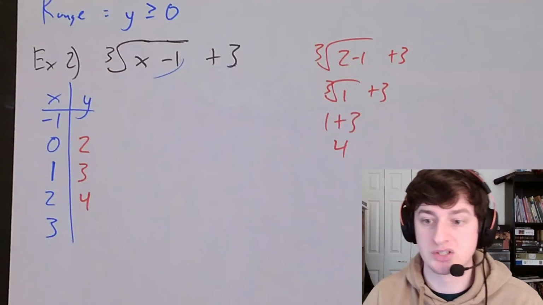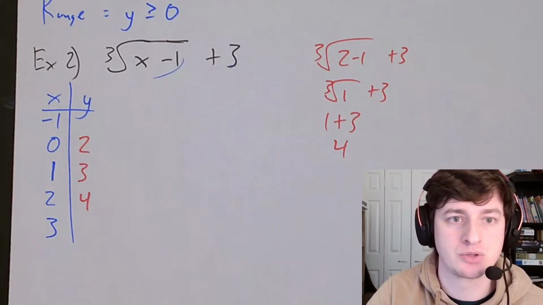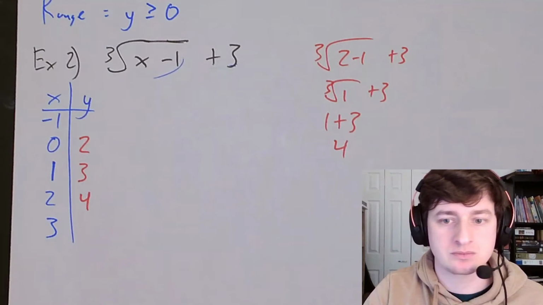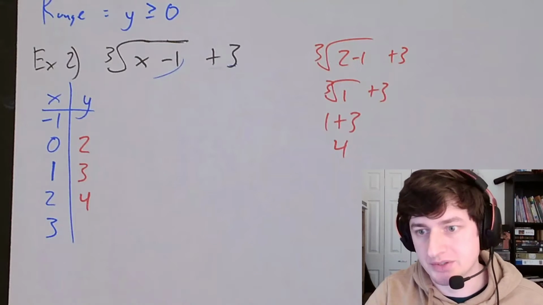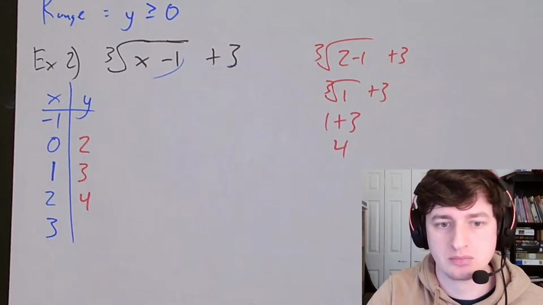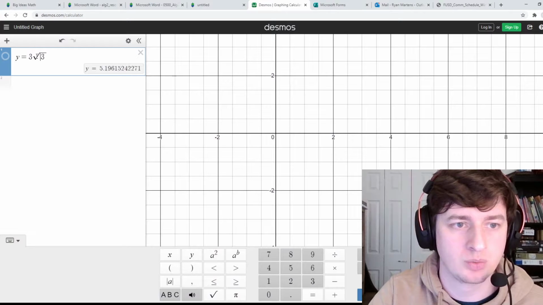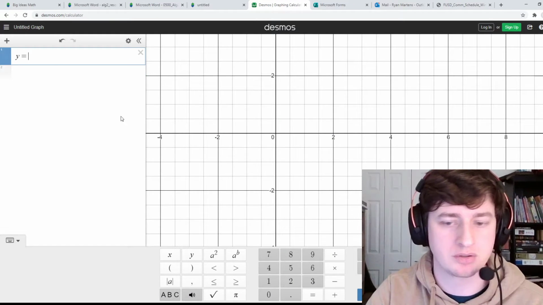So I'm going to plug those into Desmos. You could plug all of these into Desmos, right? So here's Desmos. We need a cubic function, so this isn't going to work.